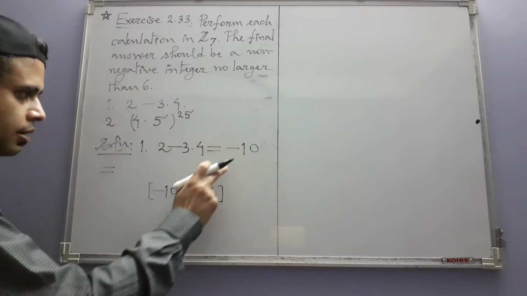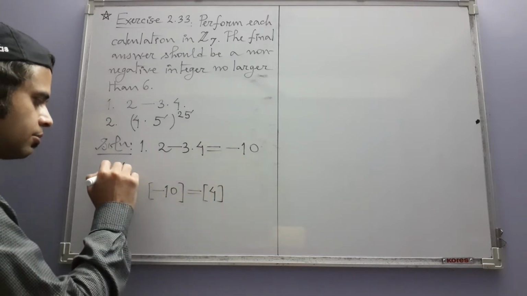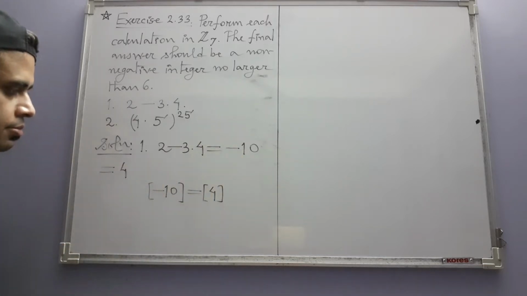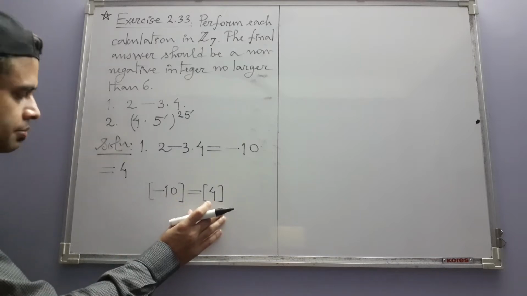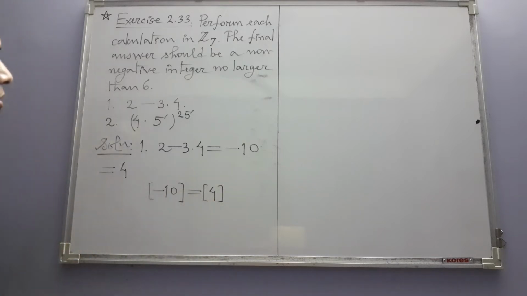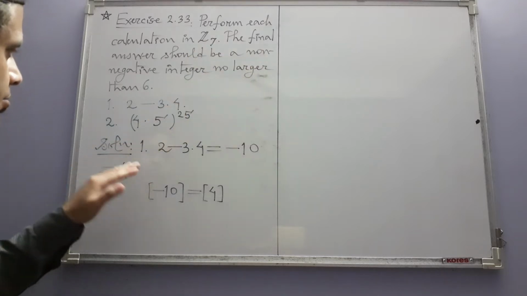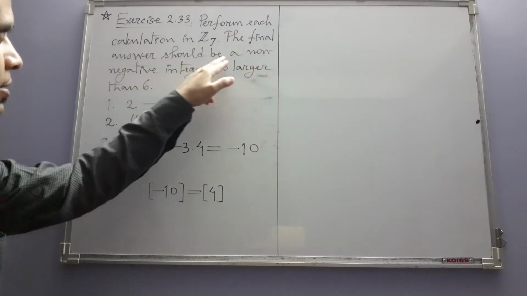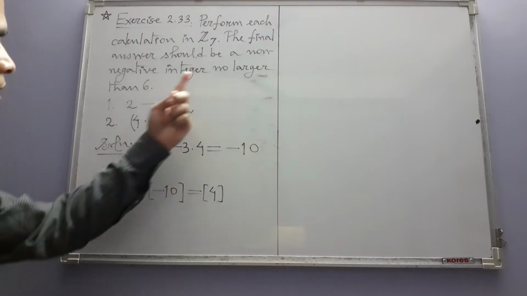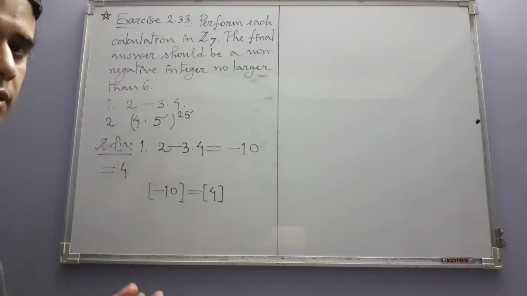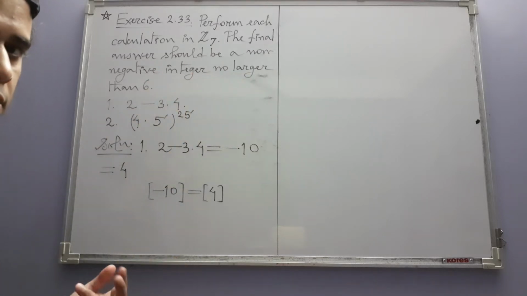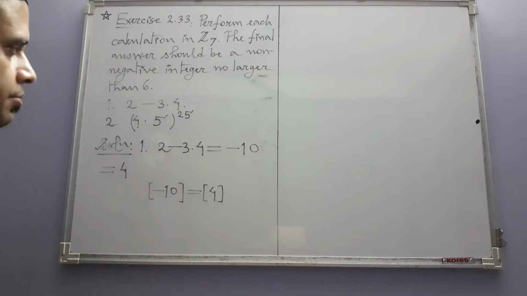So the answer is this, which is also this in this sense. The extra requirement here is also being satisfied. The answer should be a non-negative integer no larger than 6. It should be less than or equal to 6 and greater than or equal to 0.